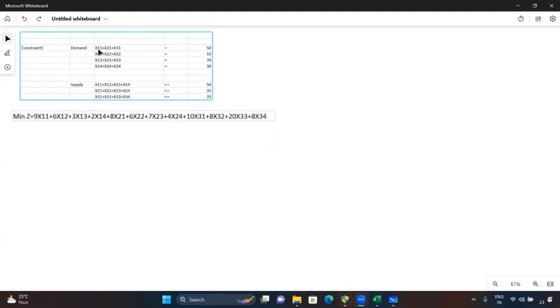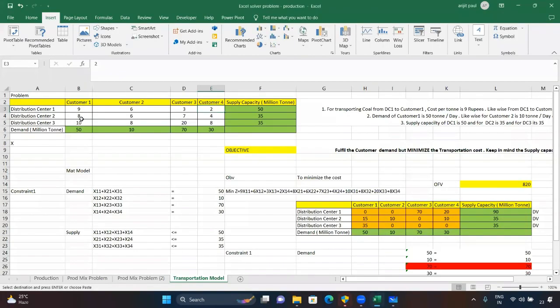The first one is coming from the source, and the second one is the destination. For x21, 2 is coming from the source and 1 is coming from the destination. So x21 means distribution center 2 and customer 1, right?